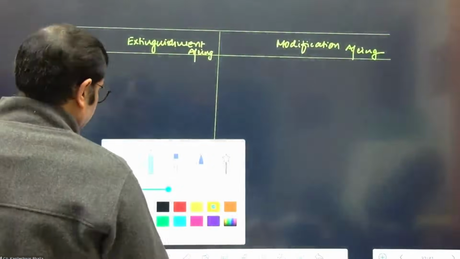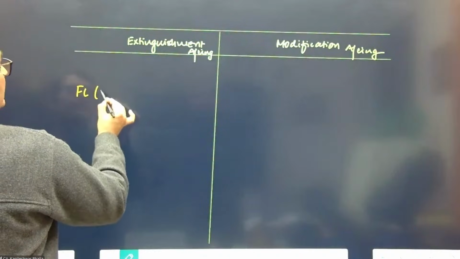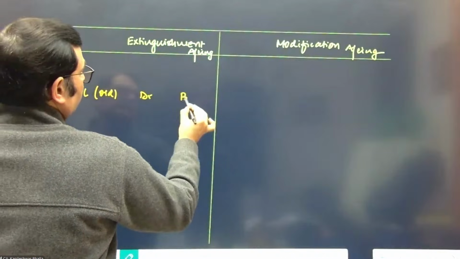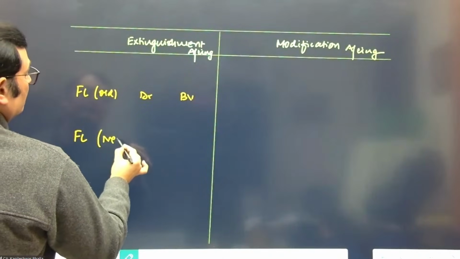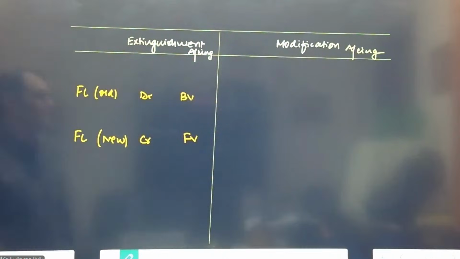Now, when you say that there is extinguishment accounting, can I say the old financial liability gets de-recognized from the books of accounts at book value? And can I say the new financial liability gets credited in the books of accounts at a fair value?